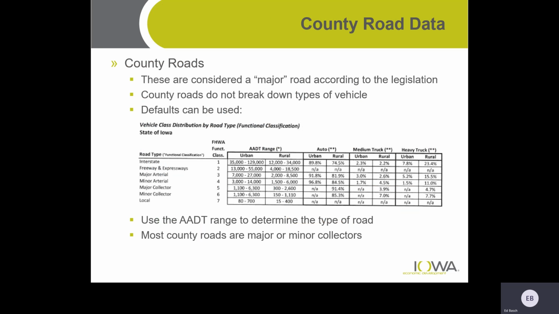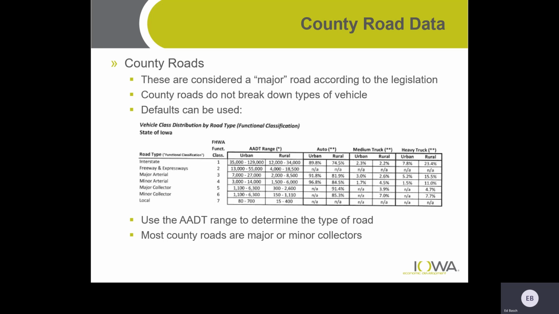County roads are considered a major road according to the legislation. They don't break down types of vehicles like the previous slide from the Des Moines area showed, but then you use defaults. And you use the average daily traffic counts to determine the type of road it is. Most county roads are major or minor collectors.